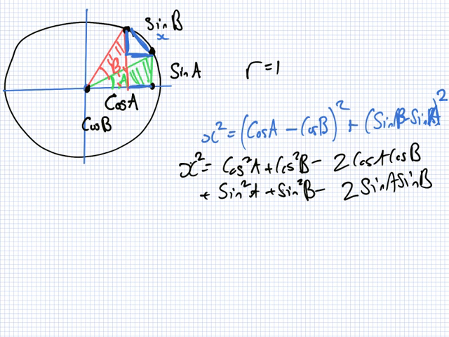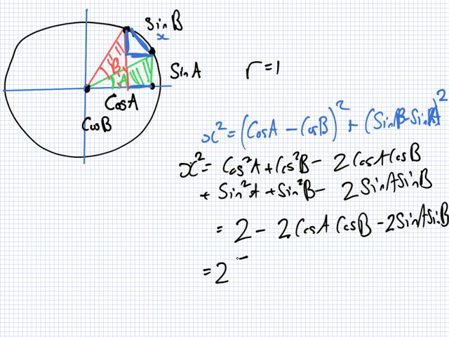And then this is another 1. So in total it'll be 2 minus 2 cos A cos B minus 2 sine A sine B. Which I'll just take the 2 out. Well, no, I'll leave it like that for the moment.